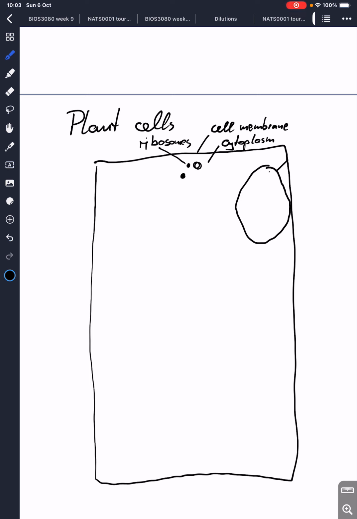So here is our nucleus with a phospholipid membrane, and it contains the genetic material. So here we've got the DNA.